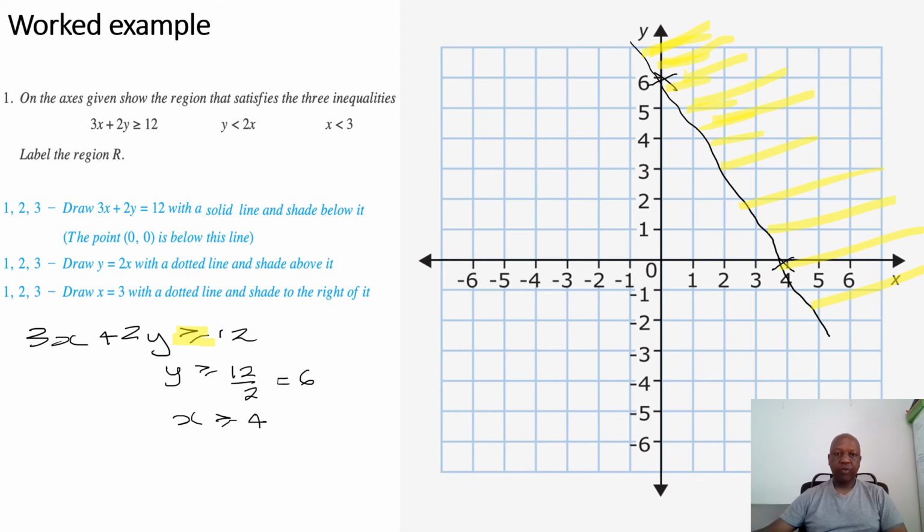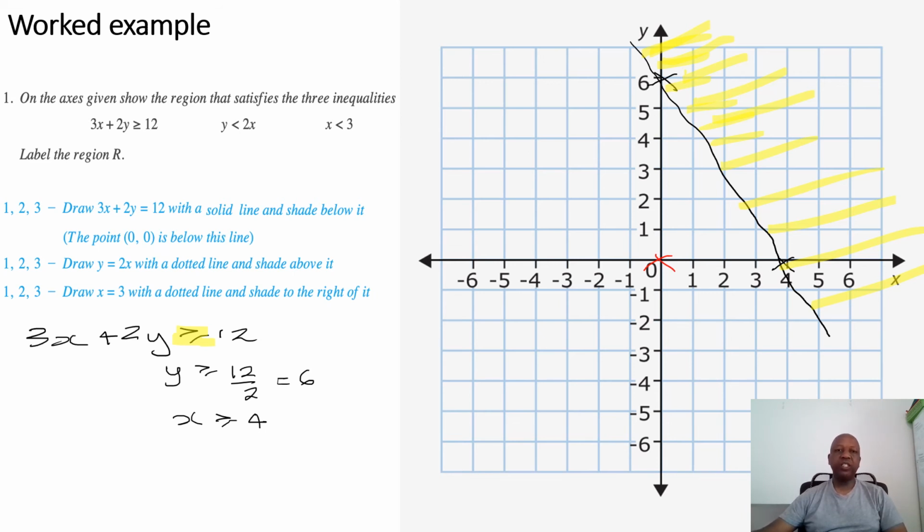The second graph we are asked to sketch there is the graph of y is less than 2x. Okay, my c, according to that, or my y-intercept is 0. So the graph is going to cut through that.